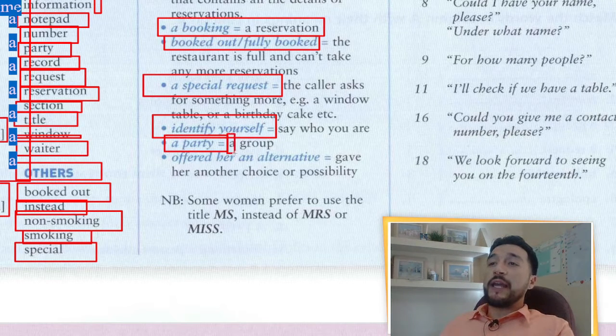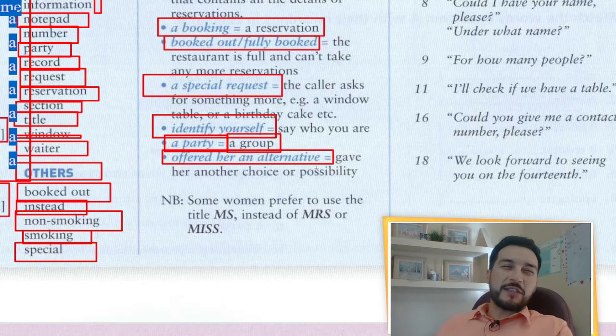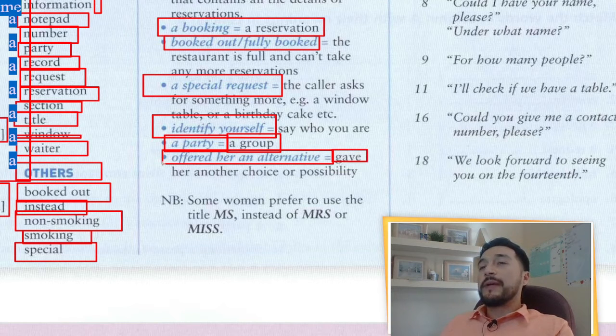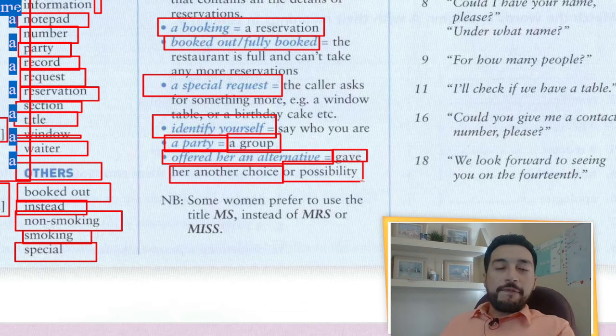In this class, a party refers to a group of people. Next, offered her an alternative. When you offer someone an alternative, it means you give another choice or you offer another possibility.